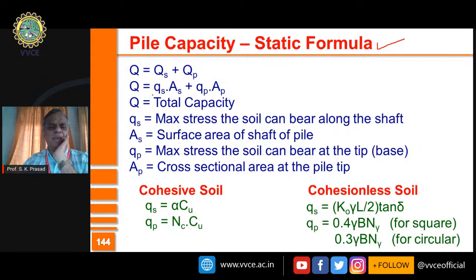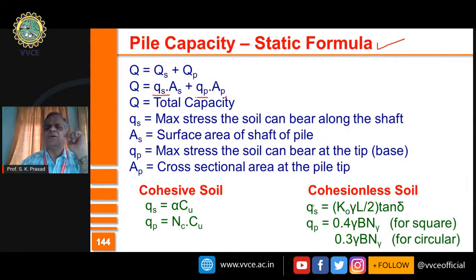The only big challenge is how do you find the permissible stresses, or the stresses carried. In purely cohesive soil, the ultimate stress is equal to the capacity, that is cohesion.